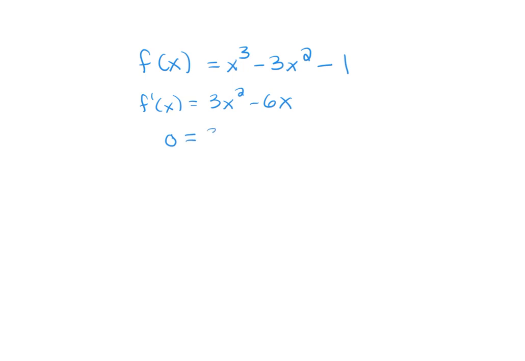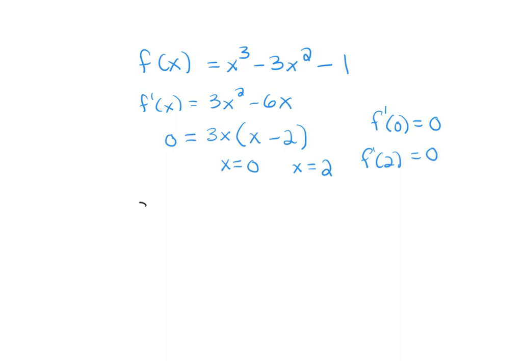I will factor out a 3x, so I'm left with x minus 2. So critical points at x equals 0 and x equals 2. In other words, the derivative at 0 is 0, and the derivative at 2 is 0.